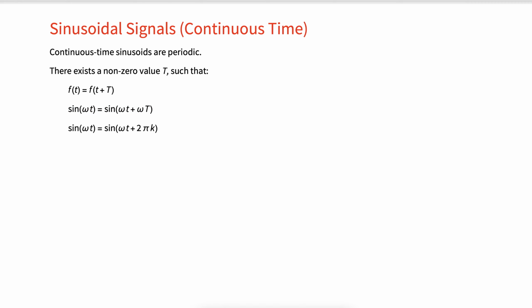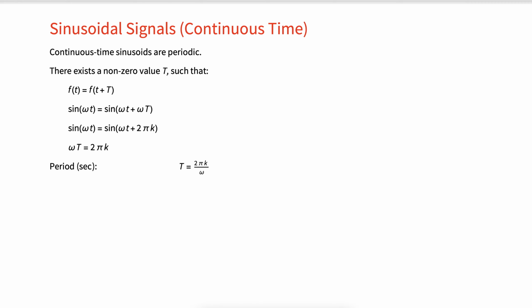And for the sine function, we already know that adding an integer multiple of 2πk to the argument gives the same sinusoidal function. Comparing these two equations, it will be clear that ωT must be equal to 2kπ, or T is equal to 2kπ/ω.